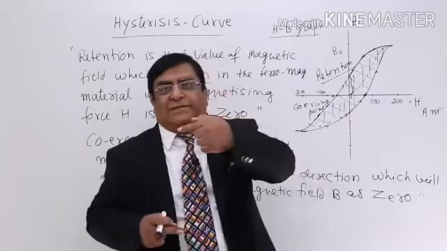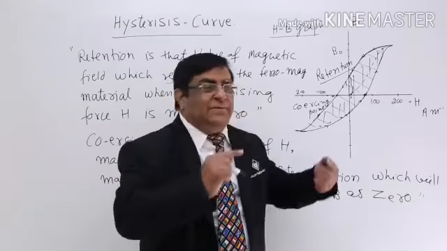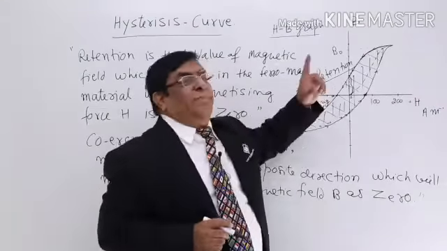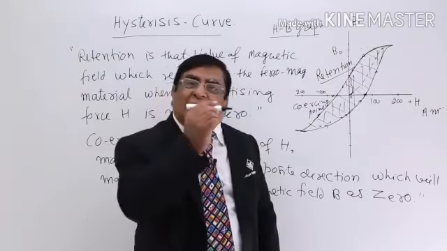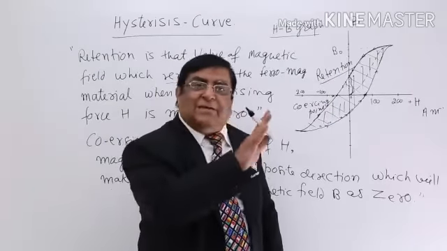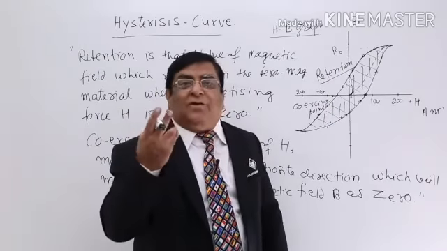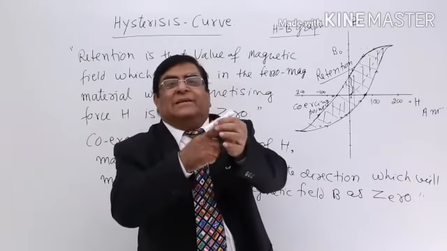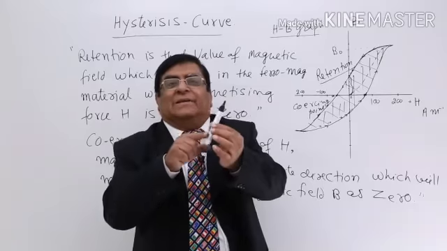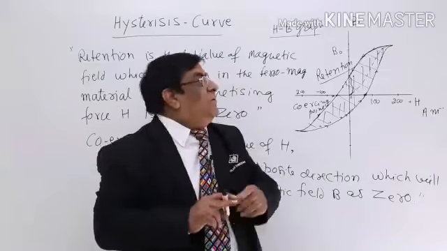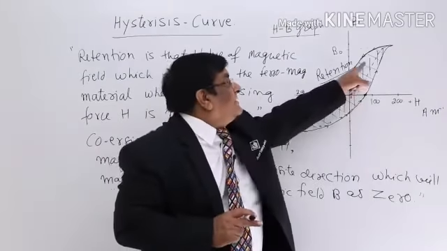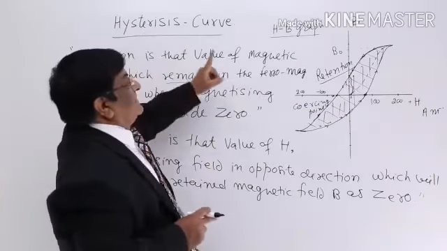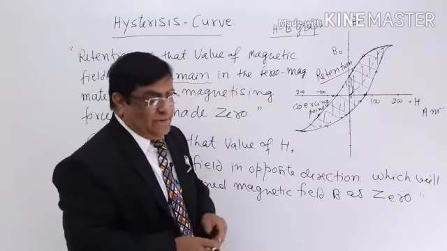Again we are giving 100, 100, 100, 100, and inside the ferromagnetic material we get 90, 90, 90, 90. Where is the 10 gone? Answer: 10 is gone in the process of magnetizing, demagnetizing, magnetizing, demagnetizing. So that loss of energy is given by the area of the hysteresis curve. This is the importance of it.